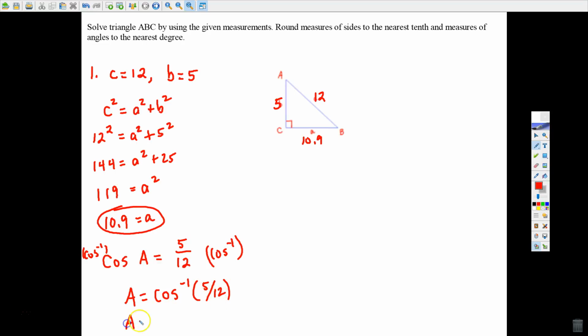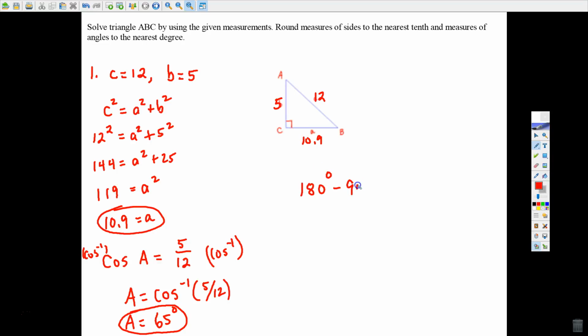In our calculator, we got the decimal 65.3756, but we're supposed to round measures of angles to the nearest degree, so angle A to the nearest degree will be 65 degrees. And now all that's left is to figure out angle B, and that's easy since we remember that the sum of these angles equal 180 degrees.